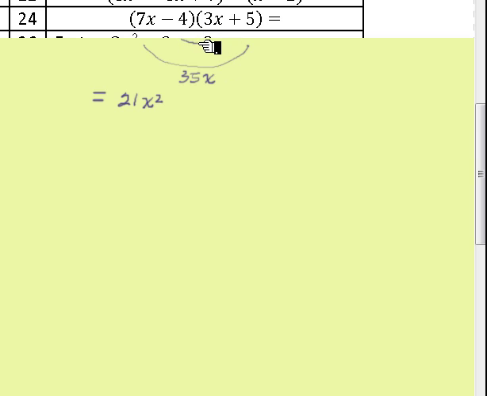Then multiply the inner terms, minus 4 times 3x, we have a minus 12x. All right, these are like terms, so we combine them, and we have a plus 23x. And then multiply last times last, minus 4 times 5, we have minus 20.